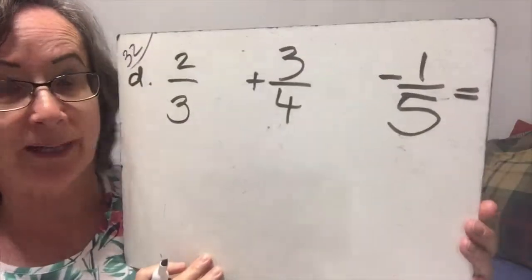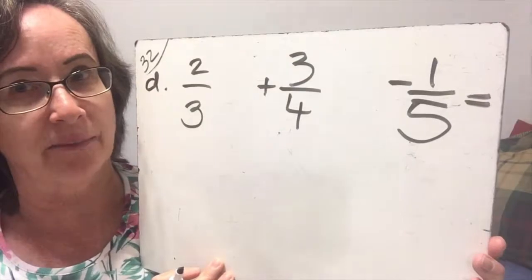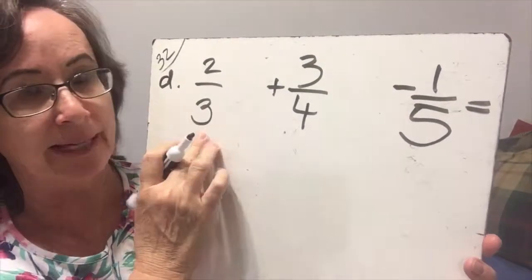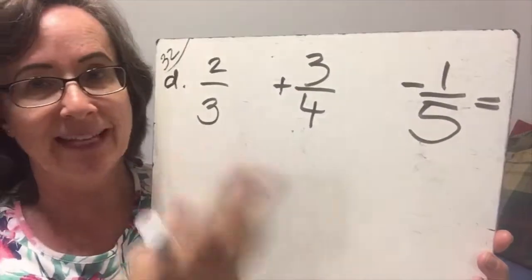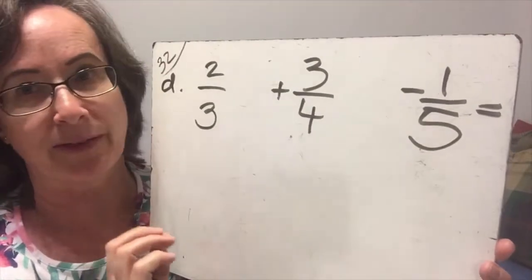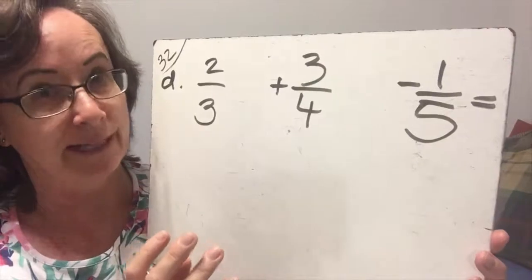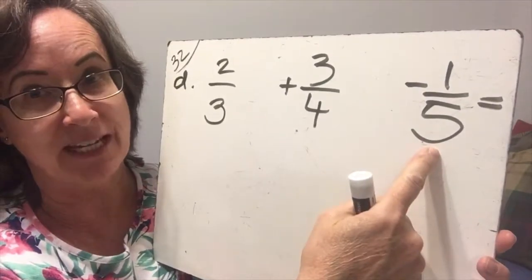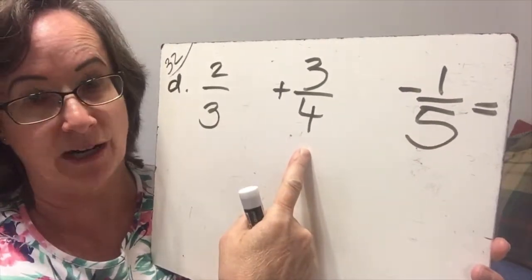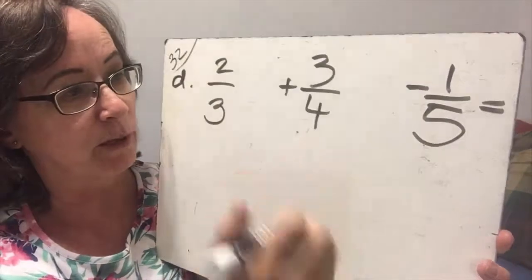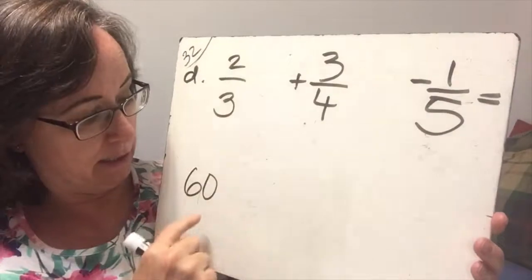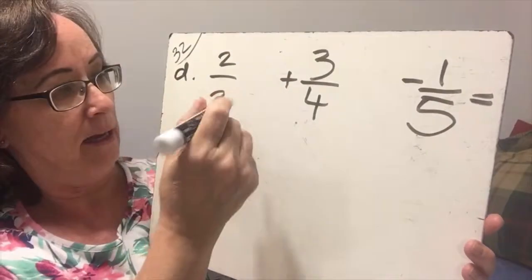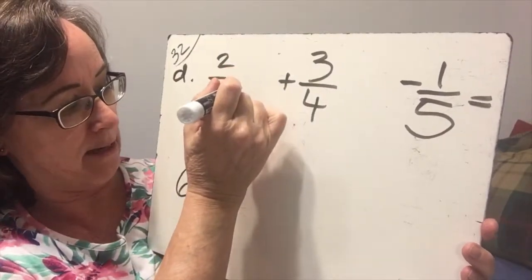Okay, on this one, we're going to have to change each denominator because 3 and 5 are both prime, and then we have 4 that does not have anything in common with the 3 and the 5. So we're going to have to say 15 times 4 is 60. So we're going to go to 60 as our new number, and 3 goes into 60 20 times.